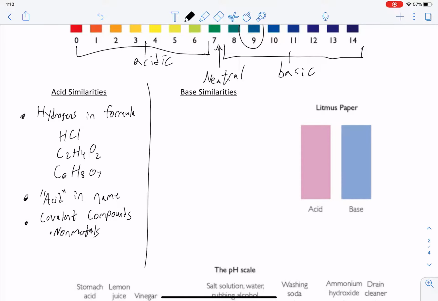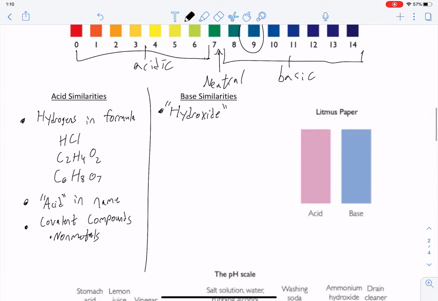For base similarities, we have a hydroxide. The word hydroxide is in the name. So something like sodium hydroxide, which is NaOH, has a hydroxide in it.